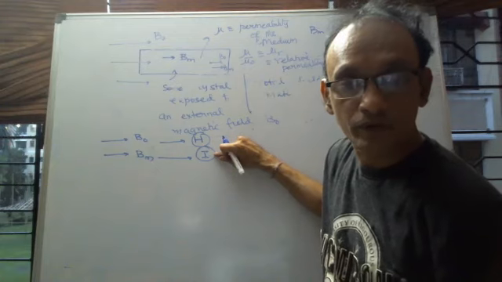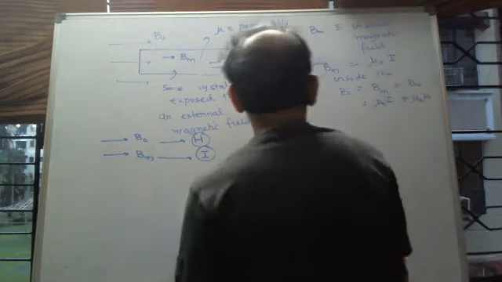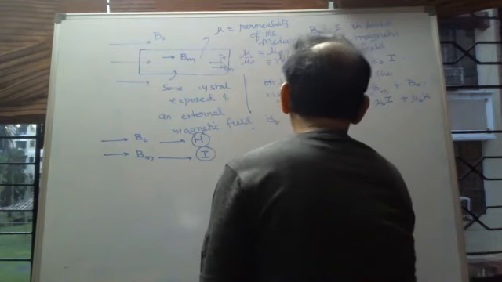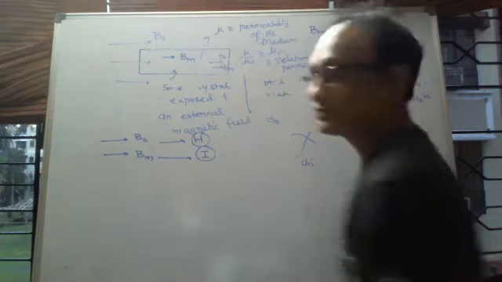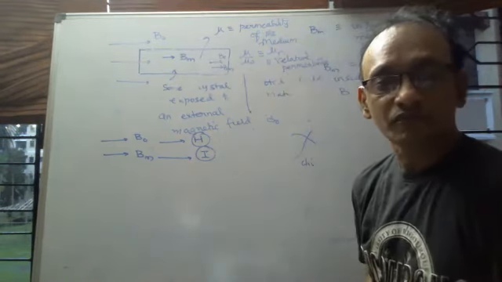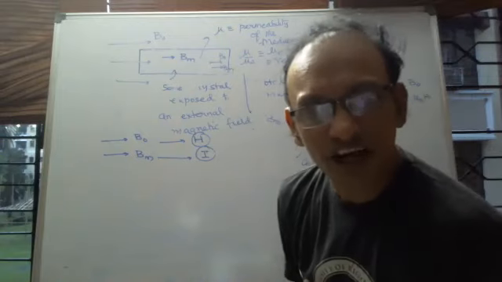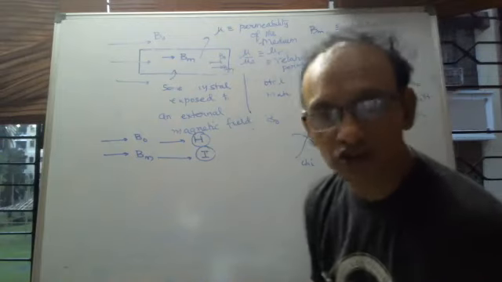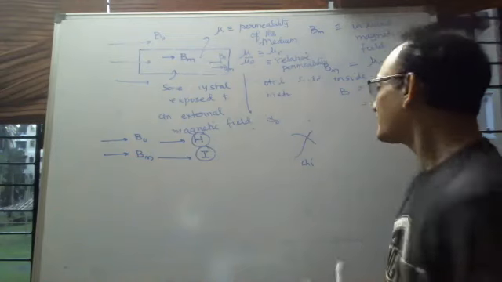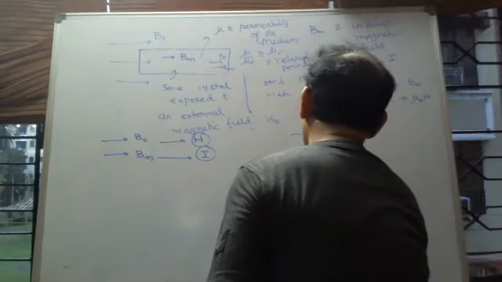We define a quantity called chi. We call it chi, don't feel shy, which is called the susceptibility of the material.